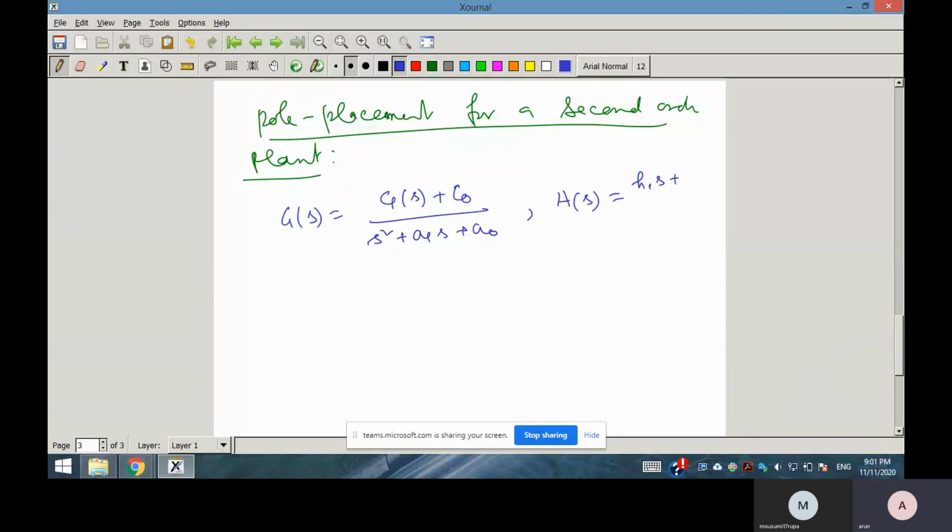So this first order controller will suffice for arbitrary pole placement of a second order plant. Now the objective is to find k naught, h naught, and h1 given a closed loop pole polynomial.